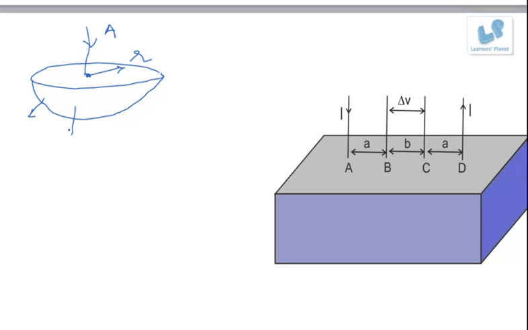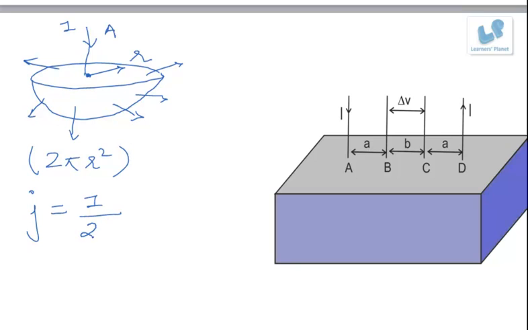So current is leaving radially outward from the hemispherical surface. What is the total area of the hemispherical surface? It is 2 pi r square. So J, total current I entering, will leave from the total surface 2 pi r square. So J will be given by I upon 2 pi r square.